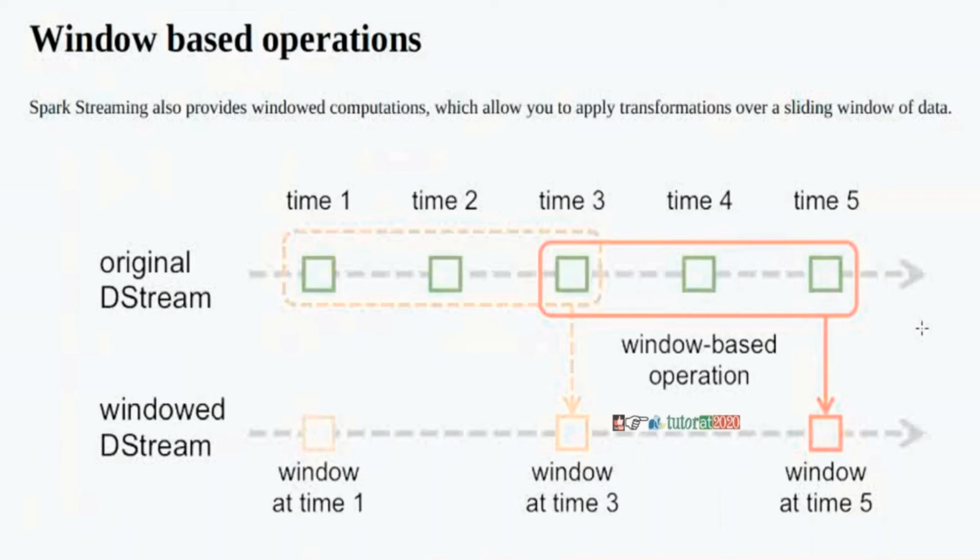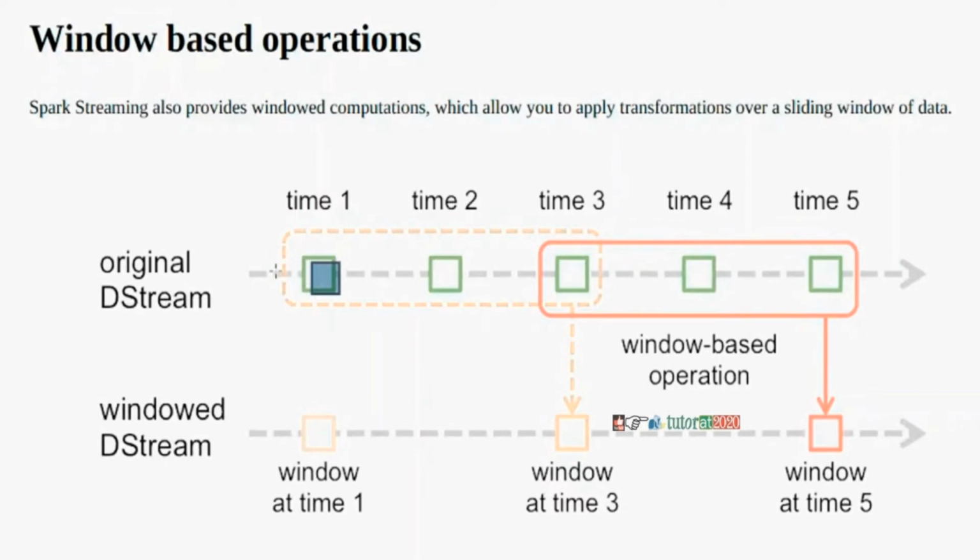So if you observe here, see the original D stream. Now supposing you're talking of the batch interval as 1 second, so every second, this time is 1, this is nothing but the batch interval. So you are basically creating a micro batch.